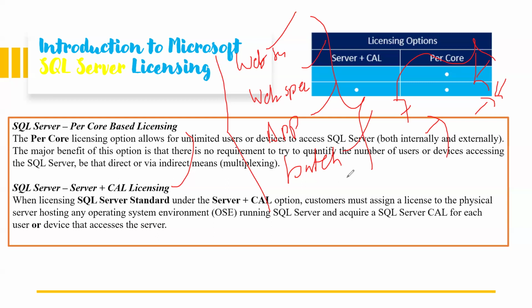These are all the application servers, sir. Web servers, app server, batch servers. Again, does every server interact with the SQL server? No, sir. Only a couple of servers will interact with the SQL server. So how many devices are trying to make connectivity to the SQL server?